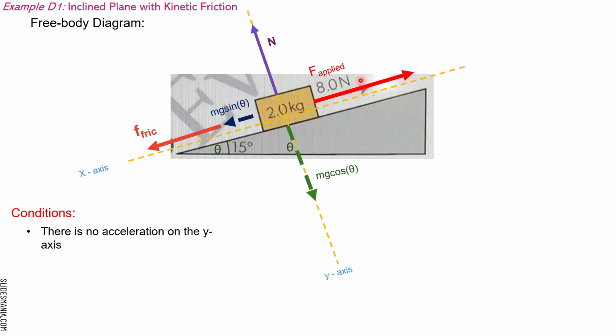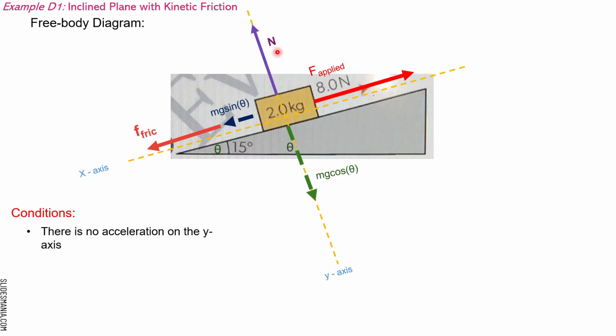So here are the conditions that we need to consider. There is no acceleration on the y-axis, okay? So again, we shifted our coordinate system. It's this slanted coordinate system, but it makes things convenient. Look how the normal force and the mg cosine theta align with the y-axis. Look at how the force applied and the frictional force align with the x-axis, okay?